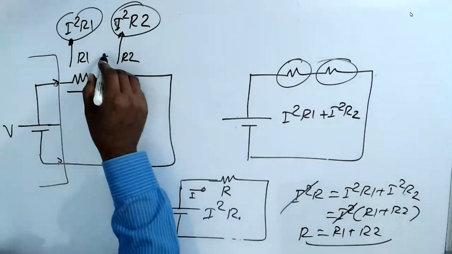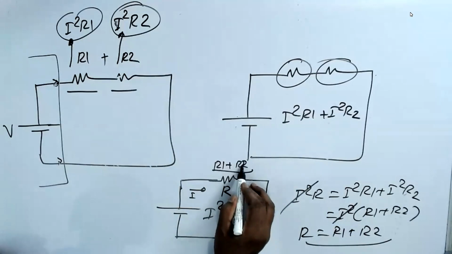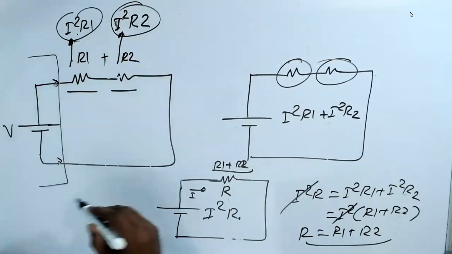Most of us know that if I connect two resistors in series, we have to add them. Now I'm explaining how we are adding them. It is because the power produced by each one is I square R.